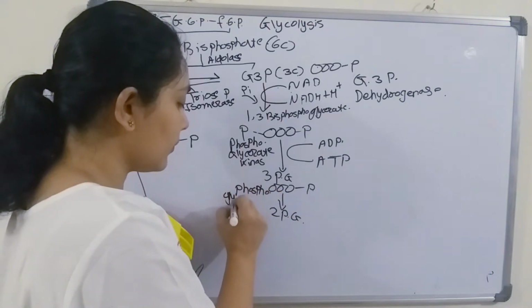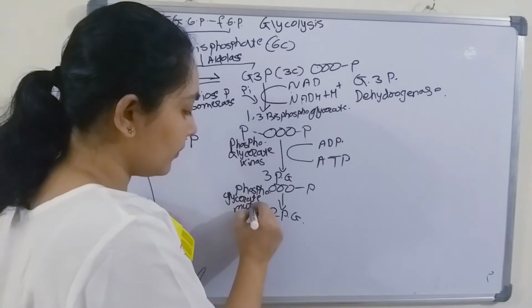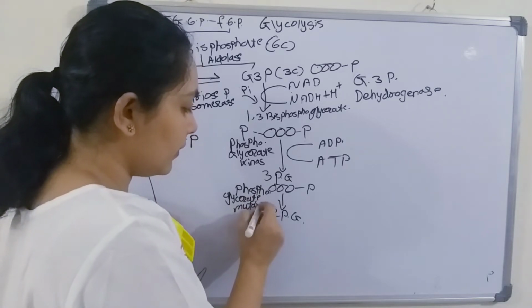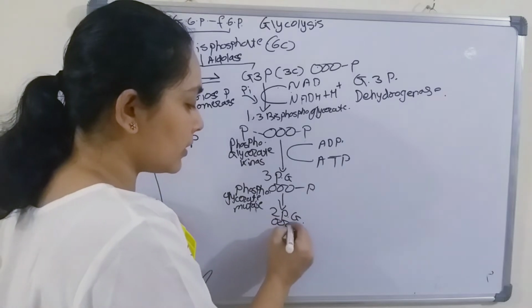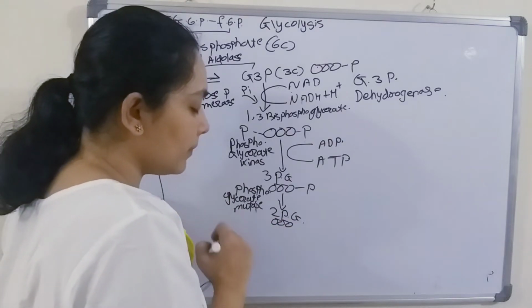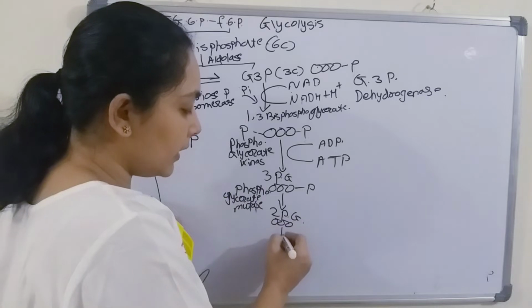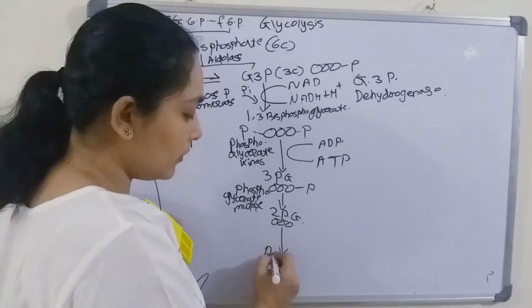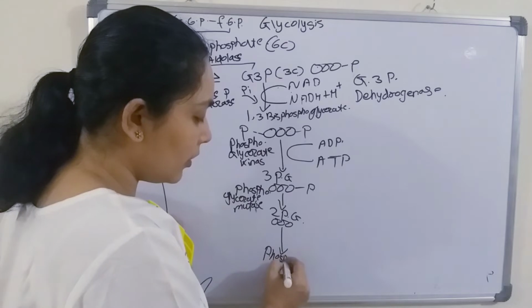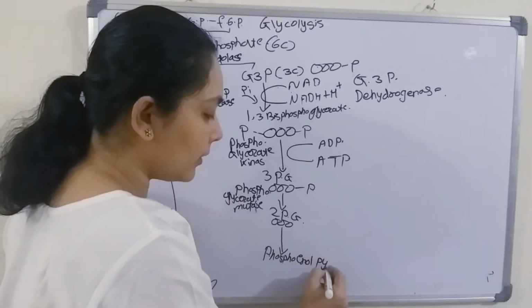phosphoglycerate mutase. Okay, so 3-phosphoglycerate will convert to 2-phosphoglycerate, which is also a 3-carbon compound. Now this 2-phosphoglycerate will convert to, we'll write the full name, phosphoenolpyruvate.